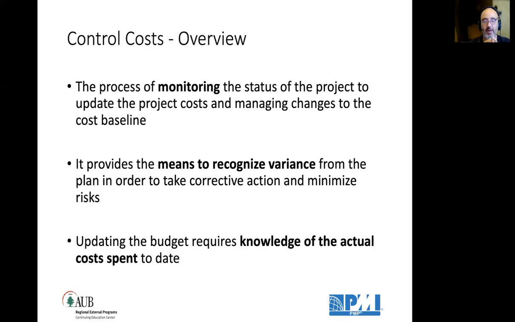Whether a corrective action فيها change request or not, whether it's a change request or to fix a defect or to change something in the project. And updating the budget happens here, okay, which requires knowledge of the actual costs spent to date.